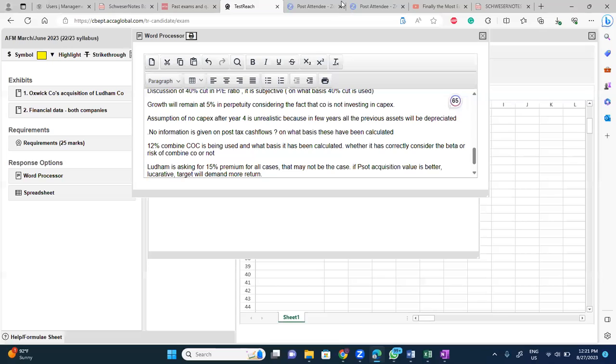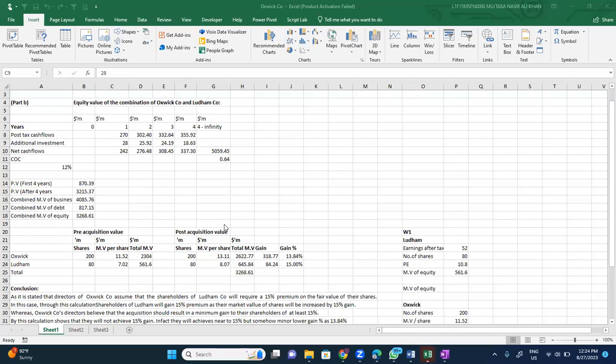If inflation changes, if the reaction of the shareholders changes, if the retail outlets do not give space to the Oxwick company shares, at that time you can use sensitivity analysis. You can write this point. This is a good point, by the way.